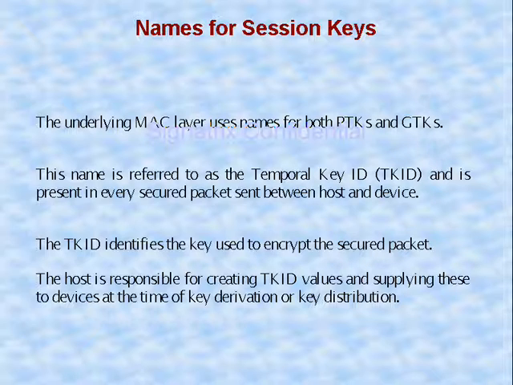After that we will have the MAC payload, then FCS, all these things, right? In that MAC payload, first we will have the security field. In that security field we have some subfields. One field is TKID. This is the temporal key ID.